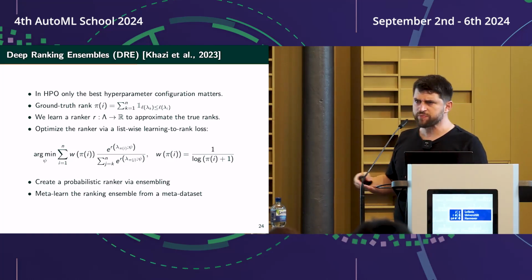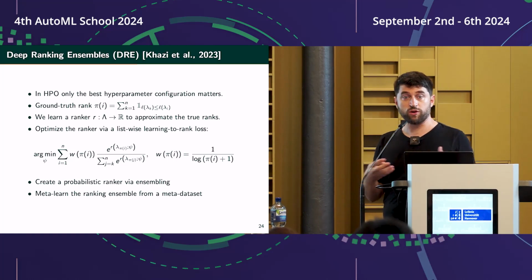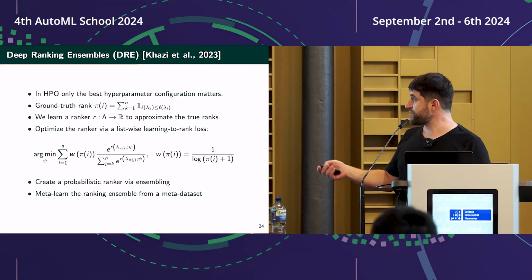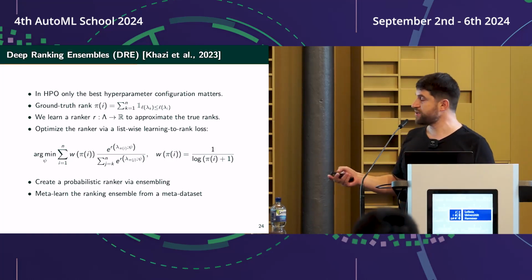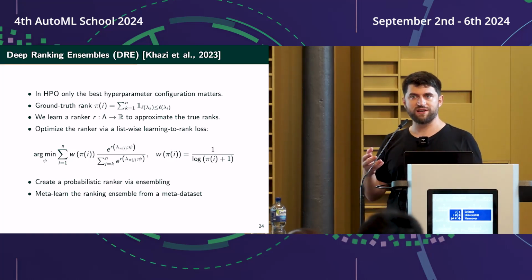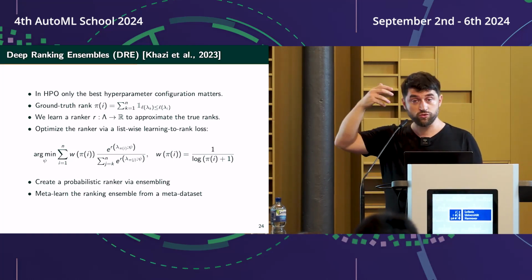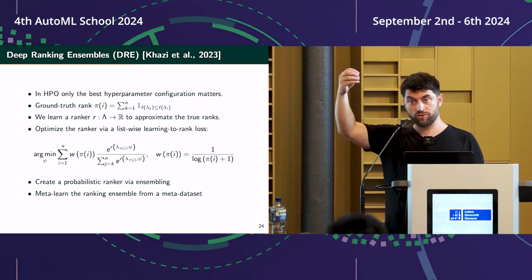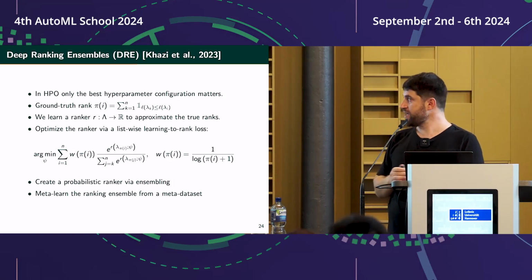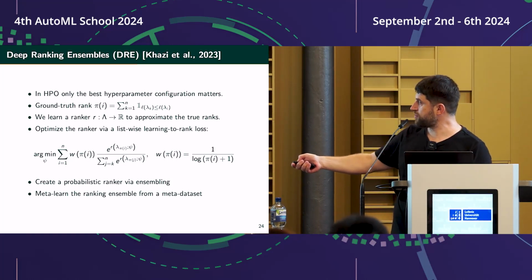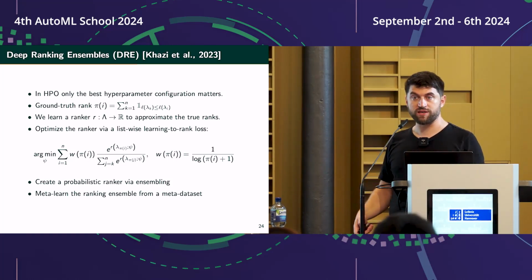There is a machinery of loss functions for learning to rank. One of the starting approaches is a listwise learning to rank loss, where you try to estimate a relevance such that for those configurations whose true rank is the highest possible, then your relevance would also be high. And that is ensured because you normalize them by the contribution of the relevances from the other configurations.